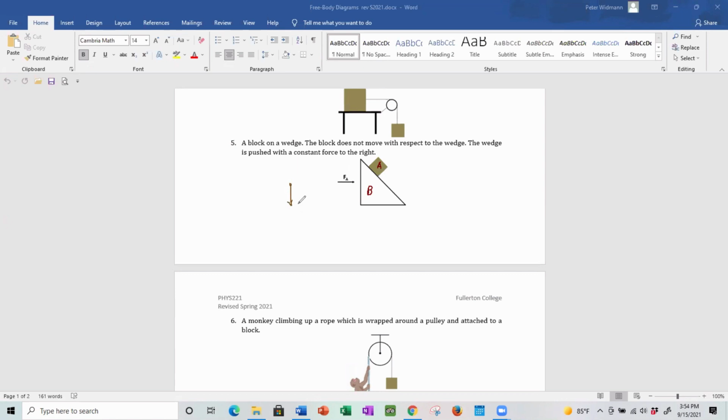Okay, you had this correct. I'll rewrite it for you. I know it's hard to write. M sub A times g. Okay, very good. So what force is that one that you just drew? Good. And now there's one more force. Good. That's great.